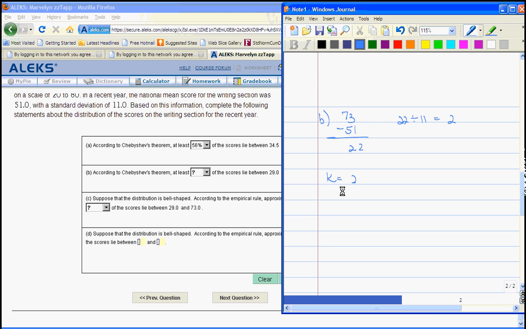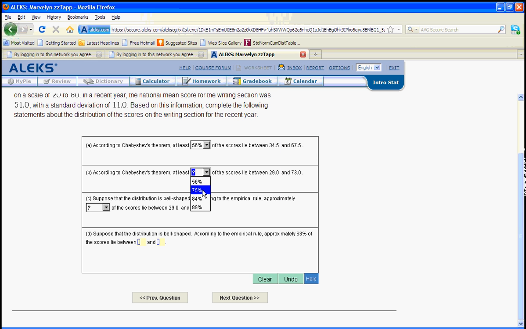So now I plug K equals 2 into Chebyshev's. So that's 1 minus 1 over 2 squared, which is 1 minus 1/4, or 3/4, which is 75%. And there it is on our drop-down menu.